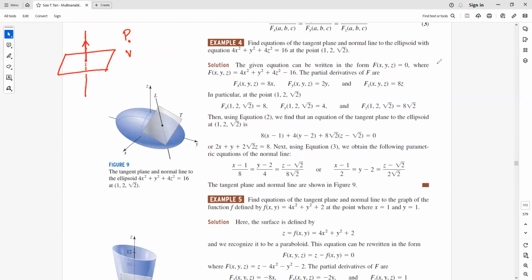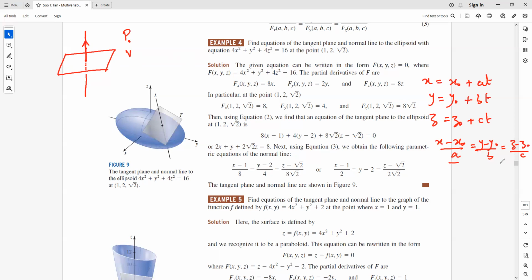Therefore we know that the parametric form of the equation of a line is x equals x naught plus at, y equals y naught plus bt, and z equals z naught plus ct. And also the symmetric equation is given by this expression here, right?